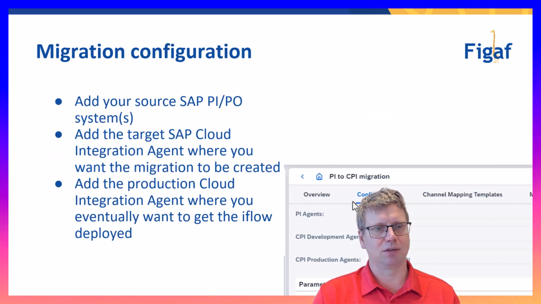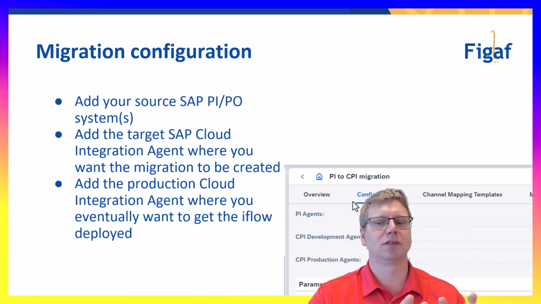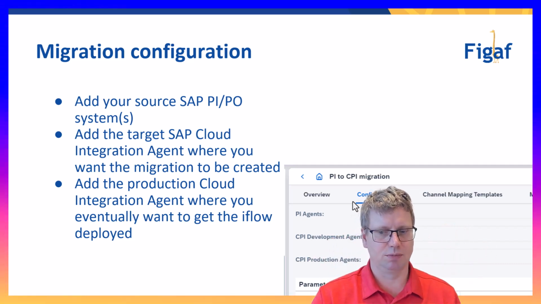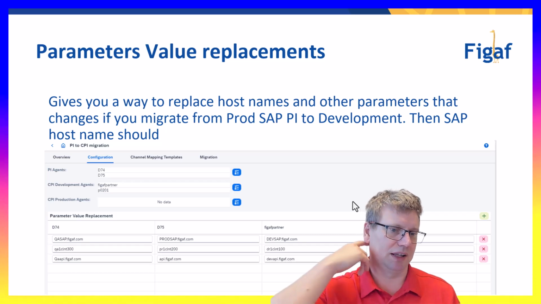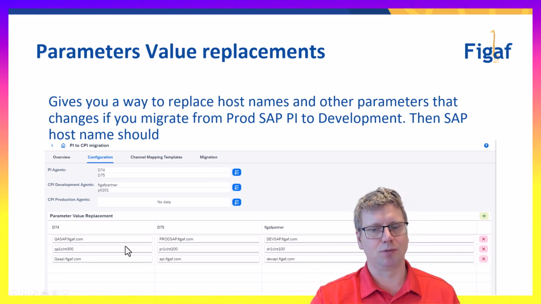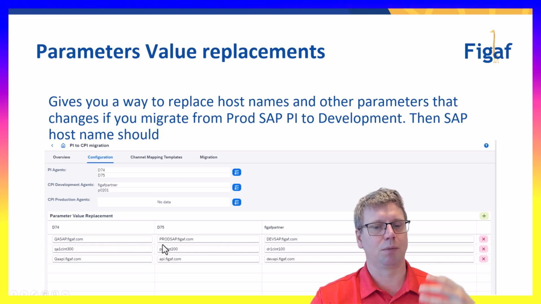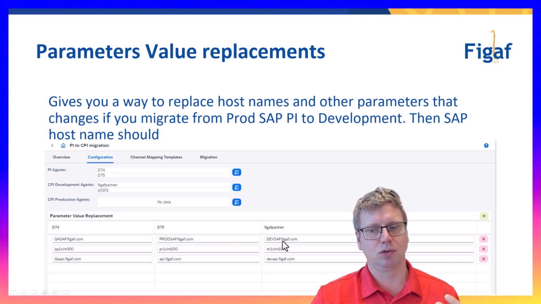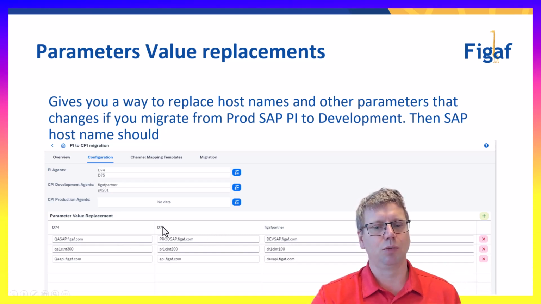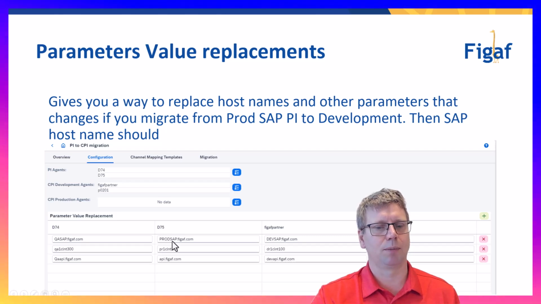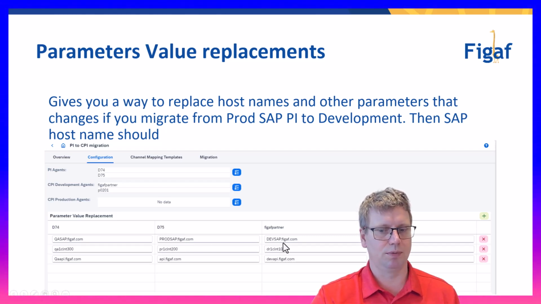There are some components here, both the PI systems and the CPI systems. We have this thing about landscape improvement. If you're moving things from QA or production into your dev CPI tenant, it will do a transition from prod SAP to dev SAP.